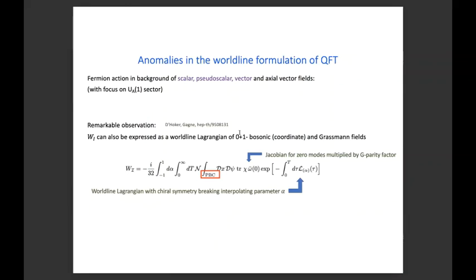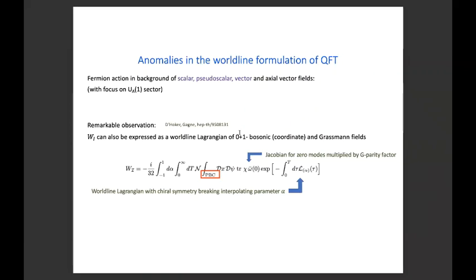And so that's the real part of the effective action. There's a remarkable observation by 't Hooft and Gagné that the imaginary part, which is the phase of the determinant, can also be expressed as a Worldline Lagrangian of 0+1 dimensional bosonic coordinate and Grassmann fields.